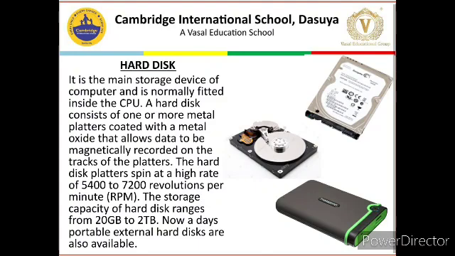You can see on your screens the very top, the box-like device is an internal hard disk. In the second image, you can see the head and the platters where the data is magnetically stored. And the last image on the screen is the external hard disk, which is commonly in use nowadays because of their huge storage capacity.